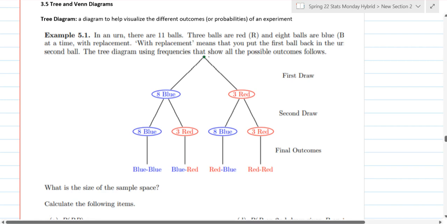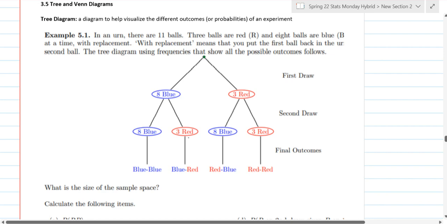So my first draw, I could get 8 chances of blue, 3 chances of red. Let's say I get a blue on the first draw, then I put the blue back in the urn. Then I'm going to draw again, and I have 8 chances of getting a blue ball again. I also have 3 chances of getting a red ball.